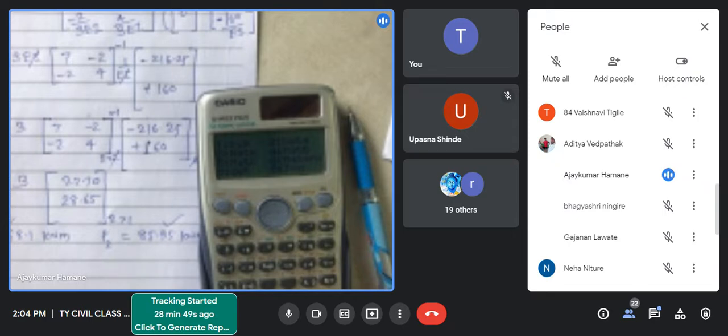Now the screen is visible. Yes, you can see the calculator screen.